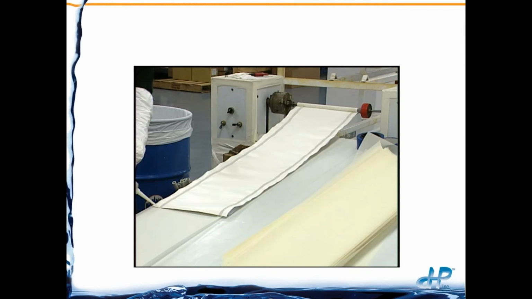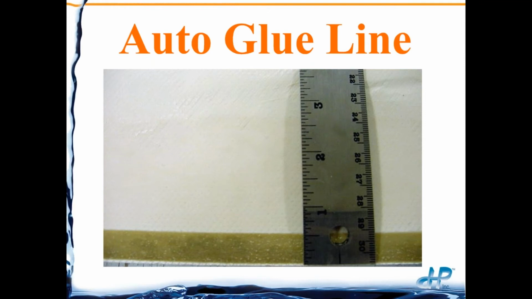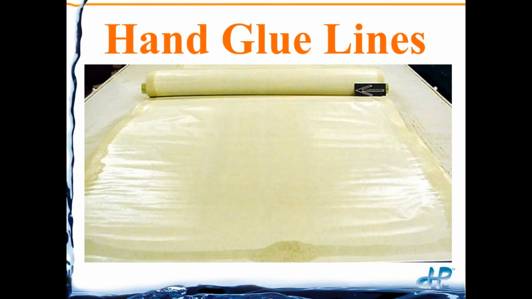You can see down here on the bottom left-hand side where they have the pneumatic glue gun. Now there can be auto glue lines to glue these envelopes together. The auto glue lines are going to be a more uniform glue line, a thinner or narrower glue line also, so you get more square feet of membrane in the element. Or you can have hand glue lines, and yes, still today there are some manufacturers that hand glue the lines of their membrane elements.